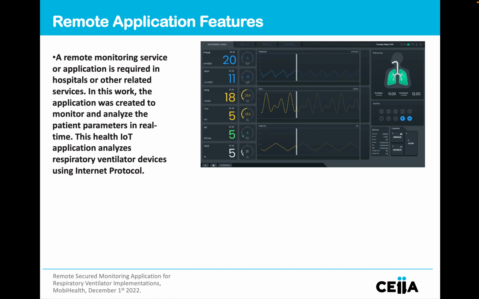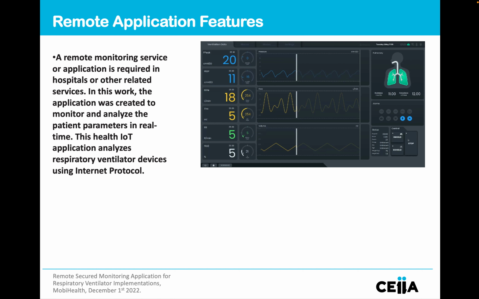Here you can see the graphical interface that the ventilator has. It is also the same graphical interface for the remote application. The remote application is web-based. I didn't mention it before, but as you can see here, you can check all the important parameters of the patient, such as the PEEP, the peak pressure, the respiratory rate, for example, and the oxygen level.